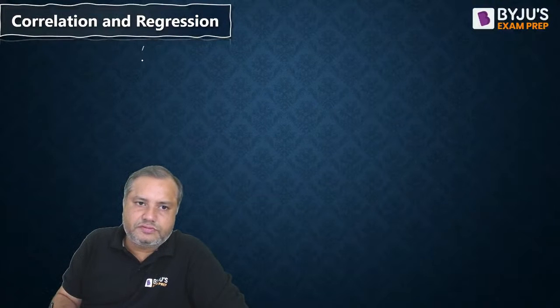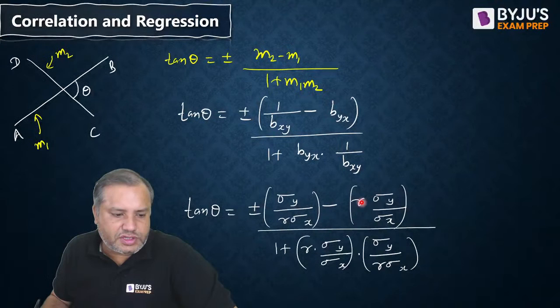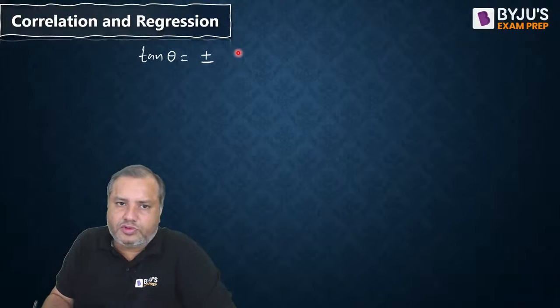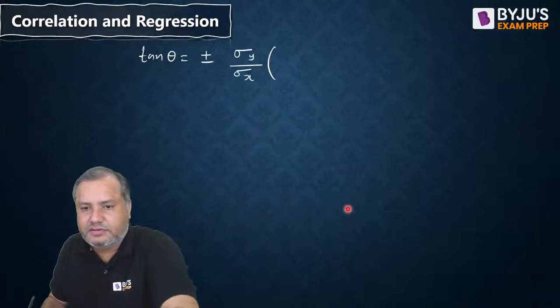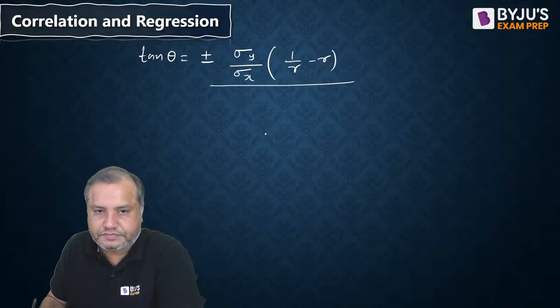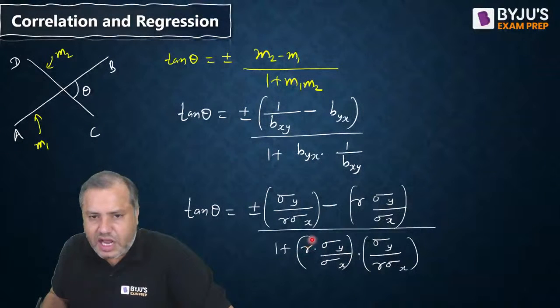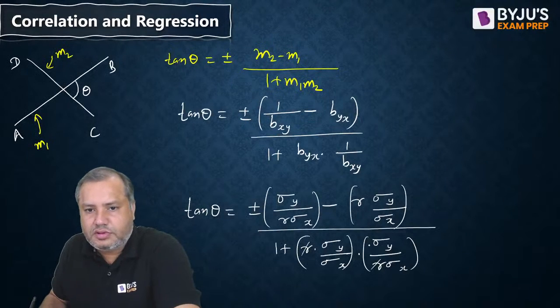Tan theta equal to, see here, sigma y upon sigma x is common from both the terms. So the remaining will be 1 by r minus r upon, you can see here r and r get cancelled, sigma y square upon sigma x square. After taking the LCM, sigma x square plus sigma y square upon sigma x square.